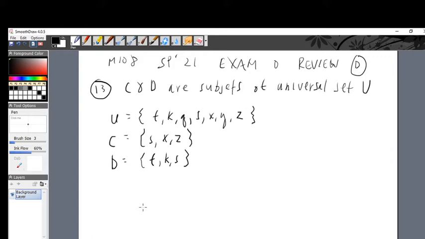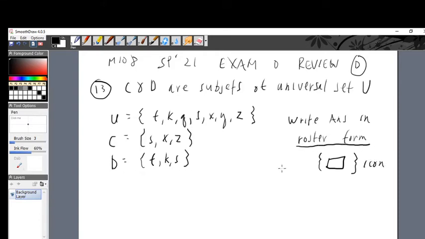Okay, now, first of all, write the answer. When we give our answers, the instructions are write answer in roster form. Okay, we're pretty used to roster form. That's how they want the answer. Don't forget, Alex has this bracket followed with box, followed by another bracket. That's the icon you use for roster form for Alex.